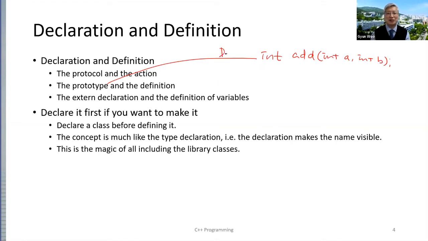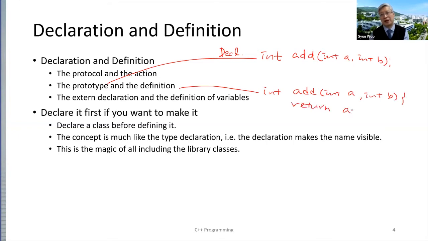This is called a declaration, which is a prototype. And the definition may be somewhere else: int add(int a, int b) with body return a plus b. It can be located somewhere else.